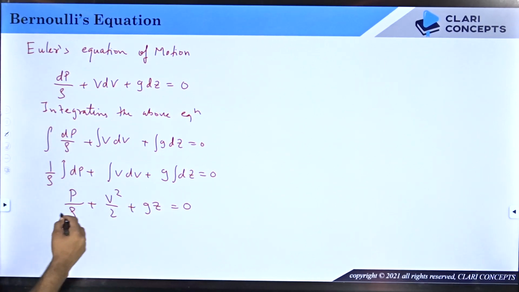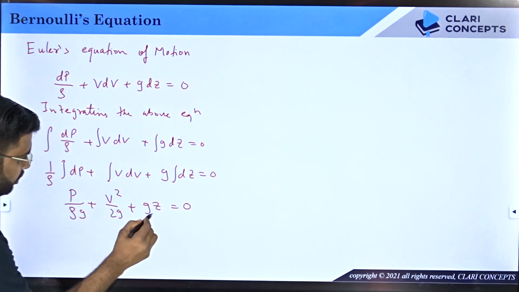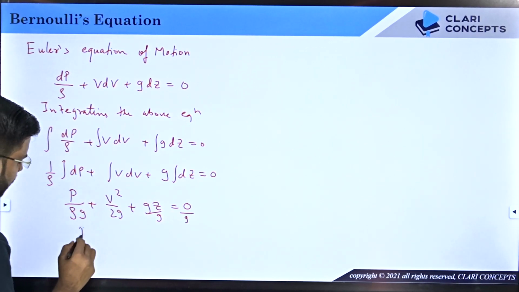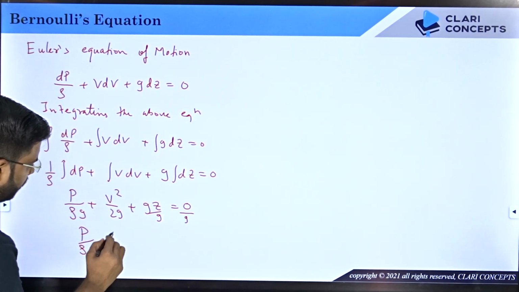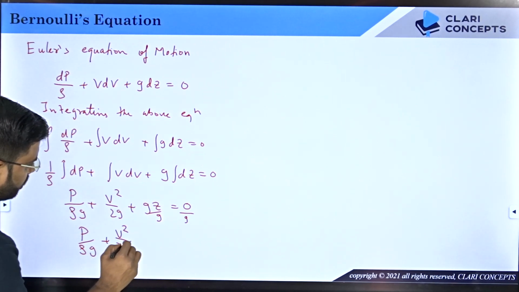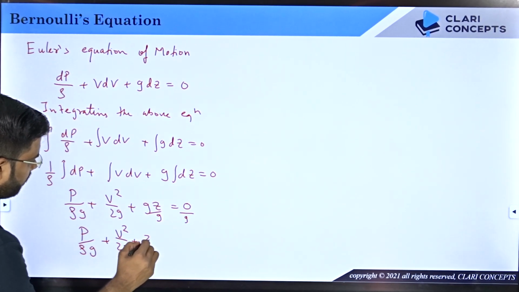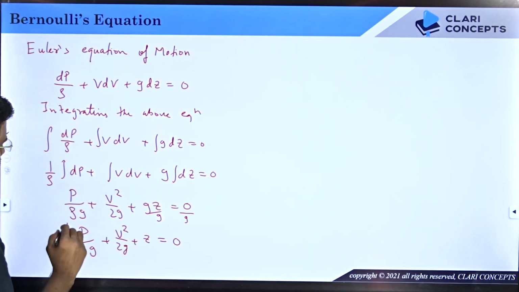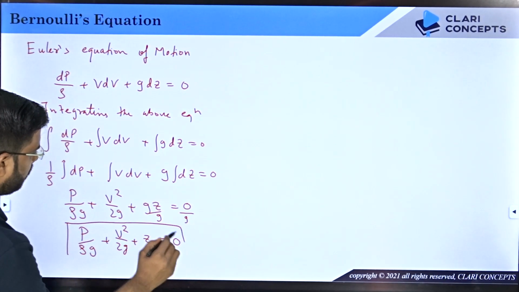Now, if you divide the entire equation by g, 0 by g will again be 0. So finally, you get p by rho g plus v square by 2g plus z equals to, sorry, I made a mistake.